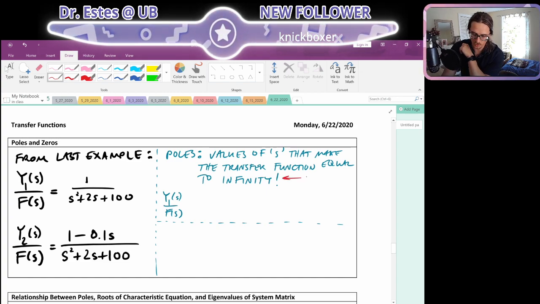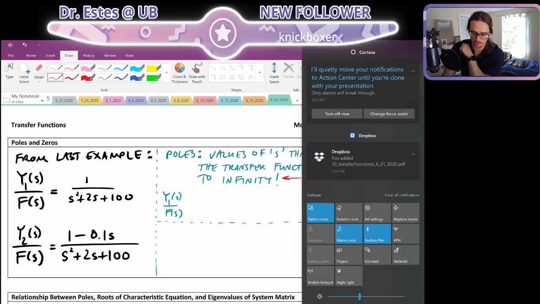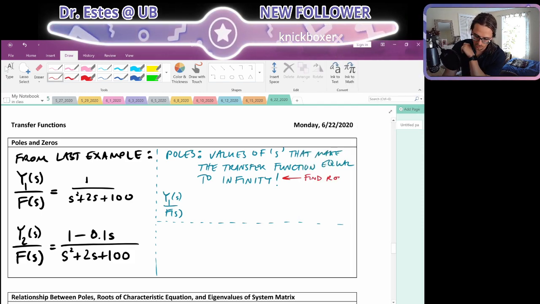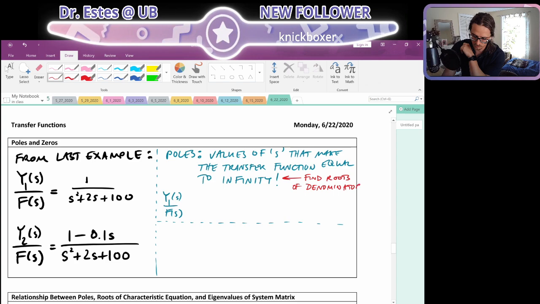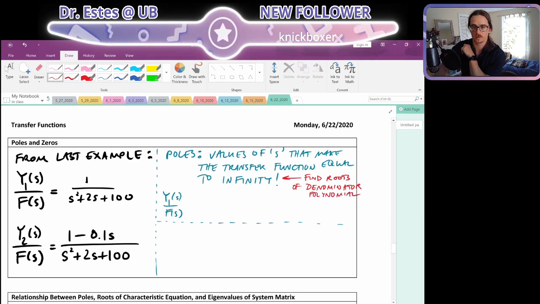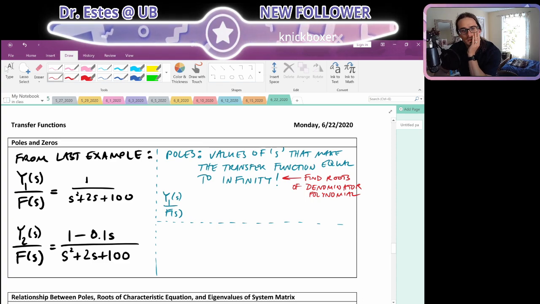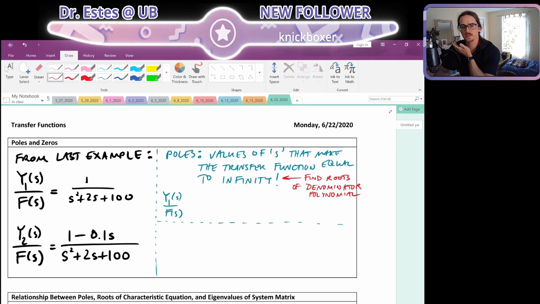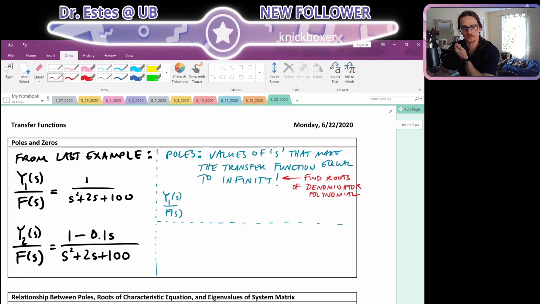One way is you can find the roots of the denominator polynomial. So what are the roots? Those are the values of s that make the denominator equal to 0.